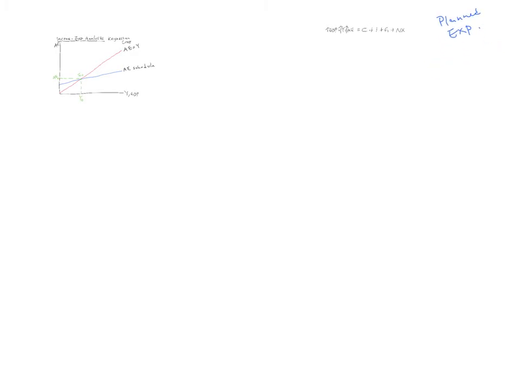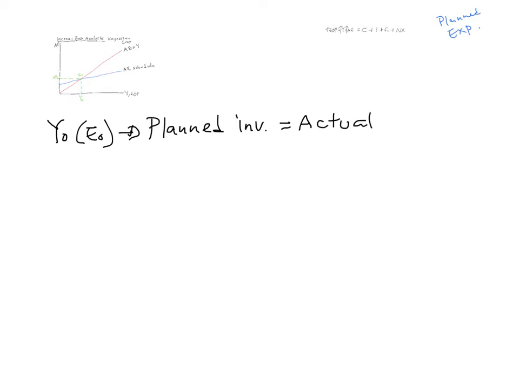We're talking about our inventories. Okay, so when you are at Y0, and hence you are in equilibrium at the level E0, we say that your planned inventories equals your actual inventories.